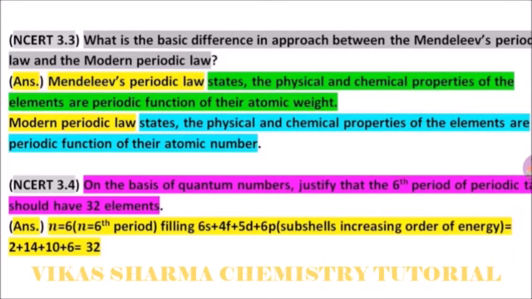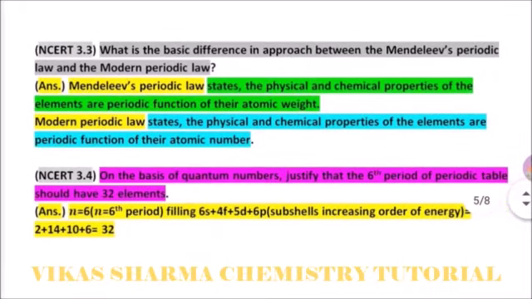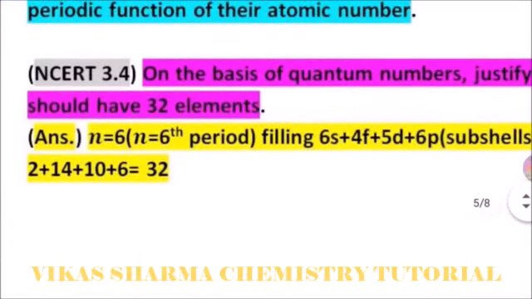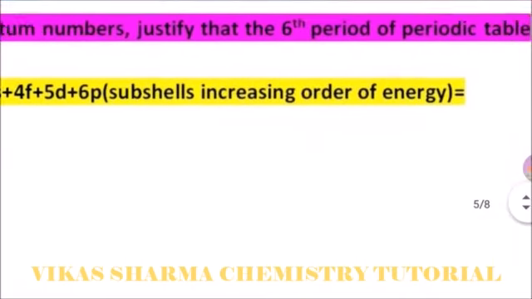So the next question is 3.4: on the basis of quantum numbers, justify that the 6th period of the periodic table should have 32 elements. n equal to 6 means it belongs to the 6th period, and the electronic configuration is 6s, 4f, 5d and 6p, subshells in increasing order of energy.